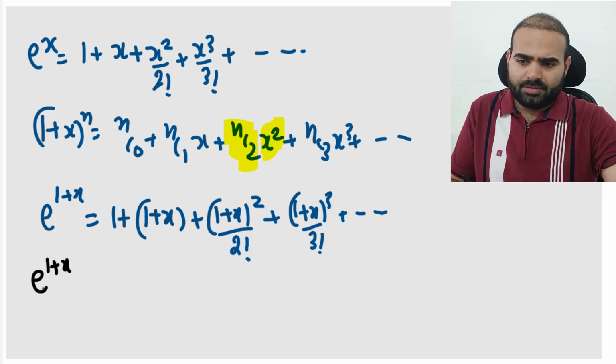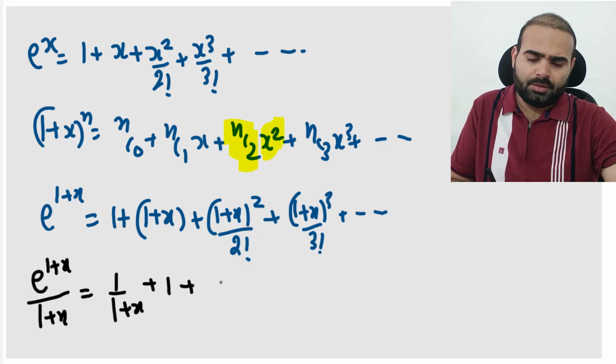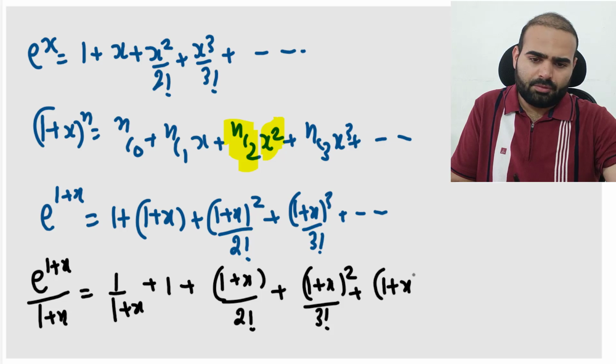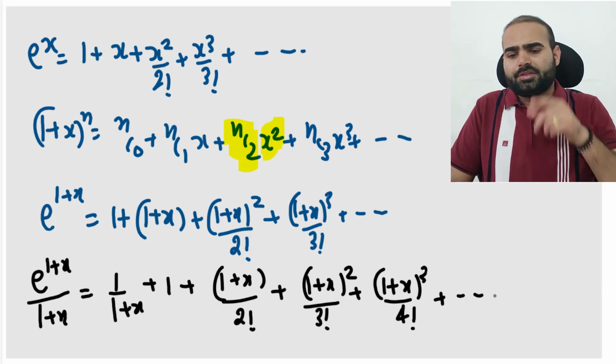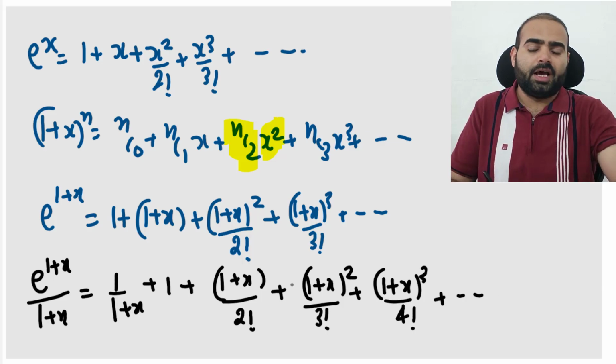So we will get (1 plus x) upon (1 plus x), so it comes out to be 1 plus 1 upon (1 plus x) plus (1 plus x) upon 2 factorial. Now we have (1 plus x) whole square upon 3 factorial, then (1 plus x) whole cube upon 4 factorial. Now you can notice we will get our problem, because if I figure out the coefficient of x square, then I'll get my question.